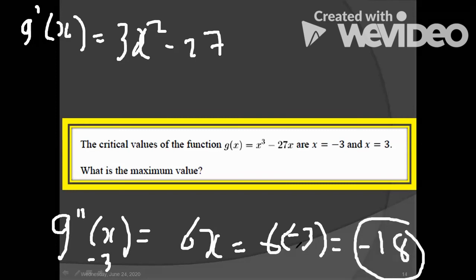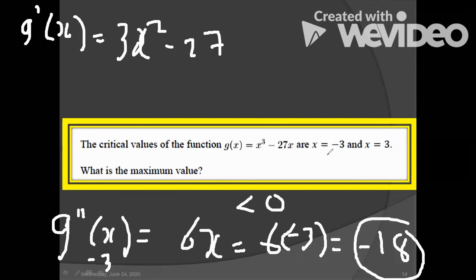So when you put in the critical value x equals -3, the second derivative is negative. Being negative is less than 0, and once it's less than 0, it's called a maximum. So when I use x equals -3, the function is a maximum. That's your answer: x is equal to -3.